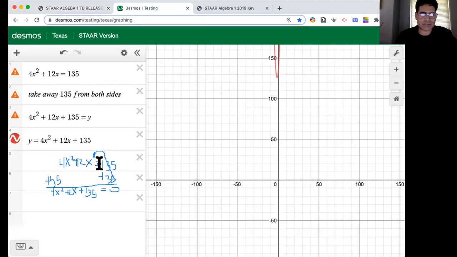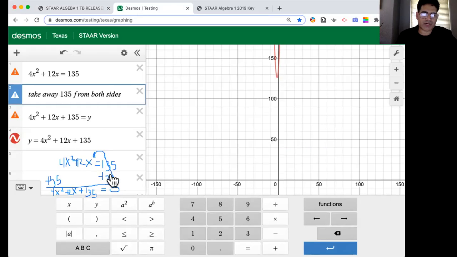Let's see, negative 135. Take away 135 from both sides. Okay, all right, hold on a second. If I'm taking away and I'm putting it on this side, this becomes a negative. So why did I put, so 135 plus 135 is double that.